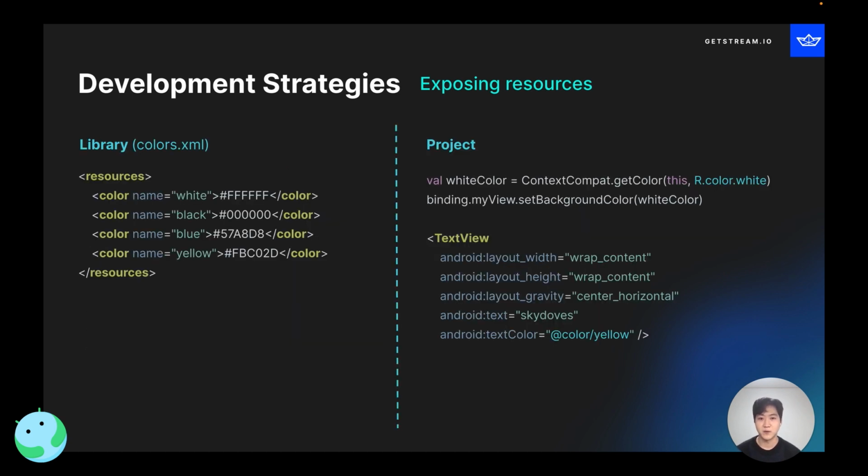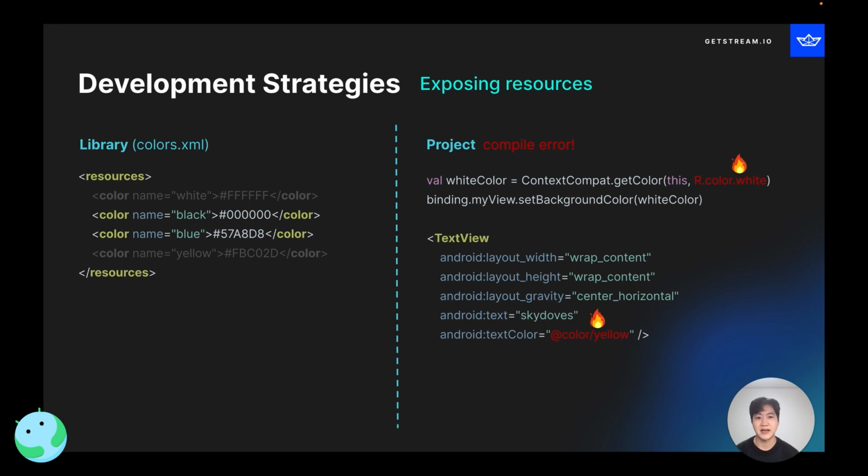For example, if a library includes a color value in the colors.xml file, then library users can access and use the color values without restrictions. So here is a problem.